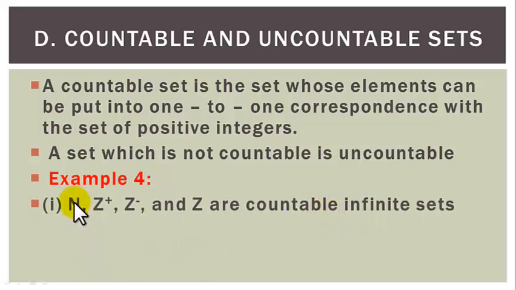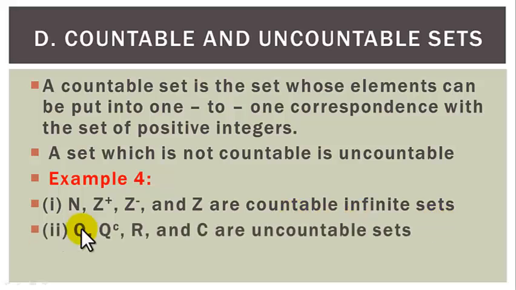The set N of natural numbers, the set Z plus of positive integers, the set Z minus of negative integers, and the set Z of integers are all countably infinite sets. 2. The set Q of rational numbers, the set Q^c of irrational numbers, the set R of real numbers, and the set C of complex numbers are all uncountable sets.